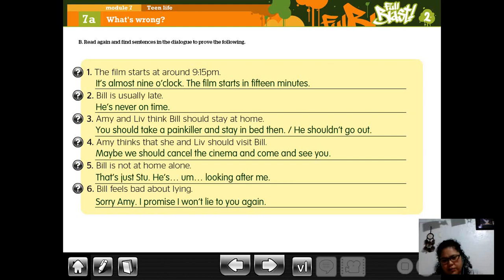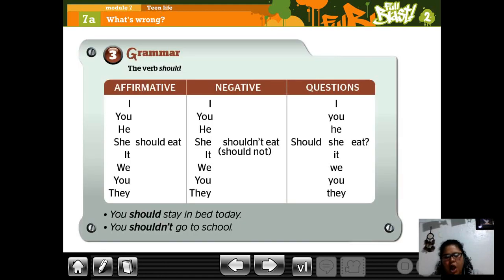Very cool. Ok, escuchen, en el texto vimos que Stu les platicó a sus amigas que se sentía mal. I have a sore throat, I have a fever, and I have a cough. Well, ellas le hicieron recomendaciones de qué hacer, ¿no?